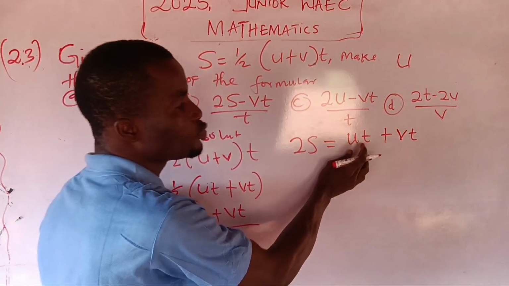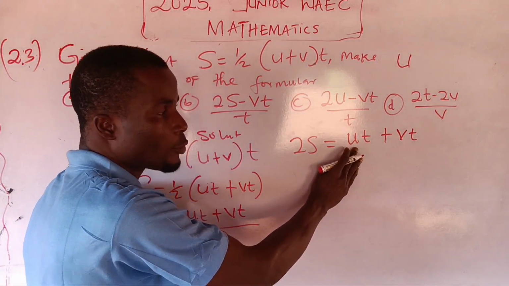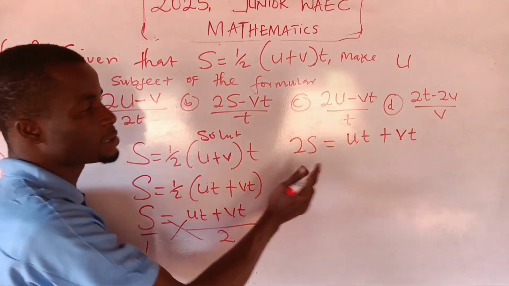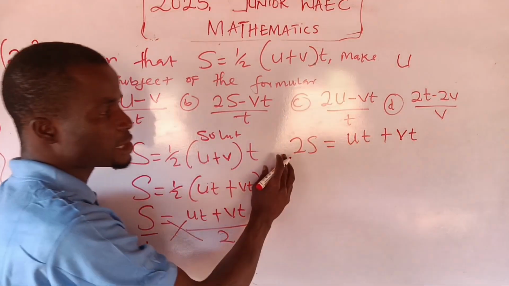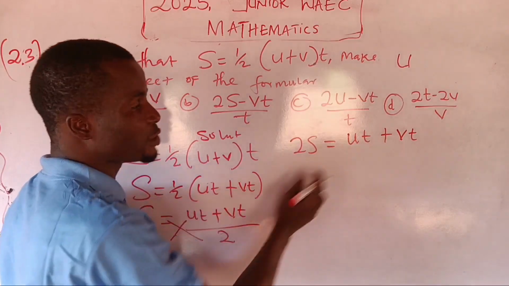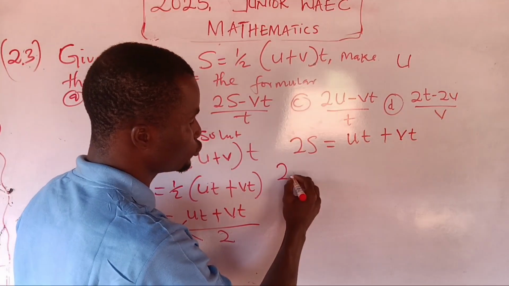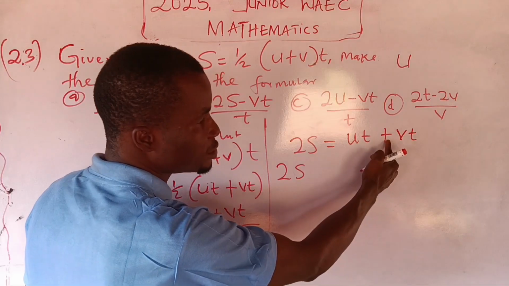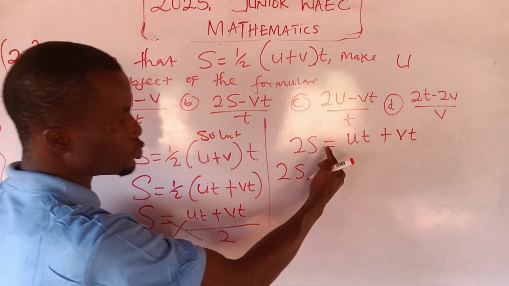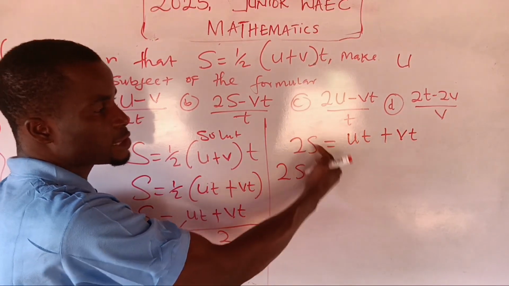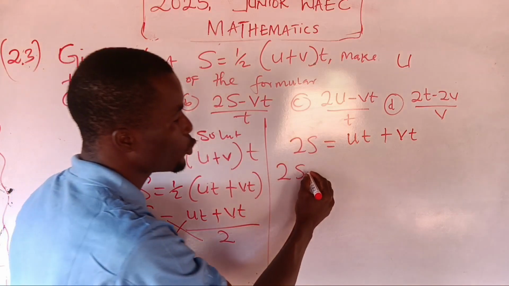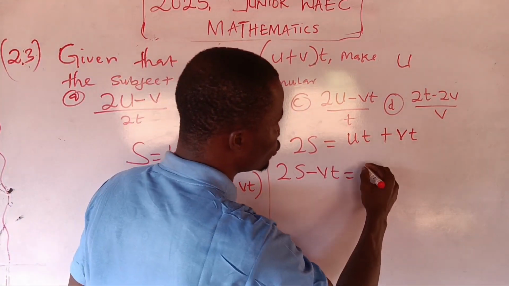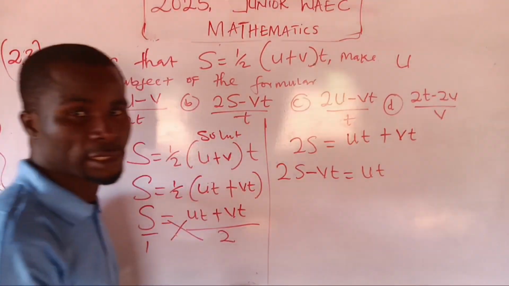So to make U, look at U now. We want to make U the subject of the formula. We will take this one to this side, so this one will be left alone. We have 2x. Once this sign crosses the equality sign, it becomes minus. We have minus vt equals ut.